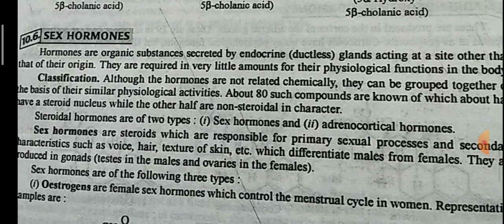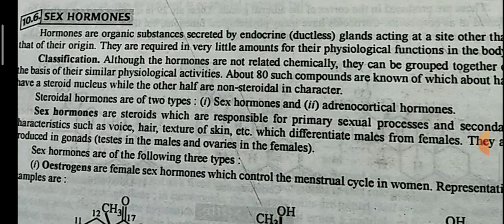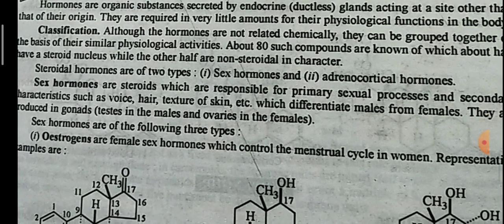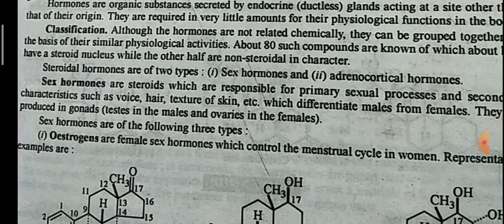Sex hormones. Hormones are organic substances secreted by endocrine ductless glands acting at a site other than that of their origin. They are required in very little amounts for their physiological functions in the body. Classification. Although the hormones are not related chemically, they can be grouped together on the basis of their similar physiological activities. About 80 such compounds are known, of which about half have a steroid nucleus while the other half are non-steroidal in character.